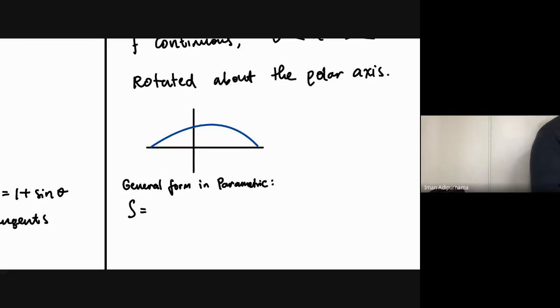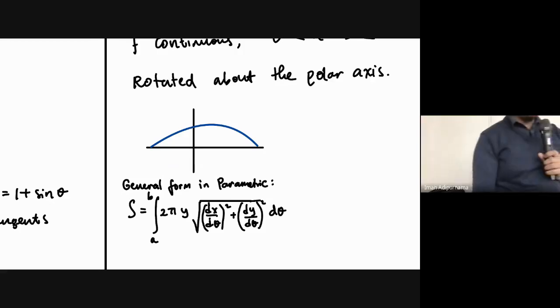It's usually S equals the integral from a to b of 2 pi y. Okay, we get this form.